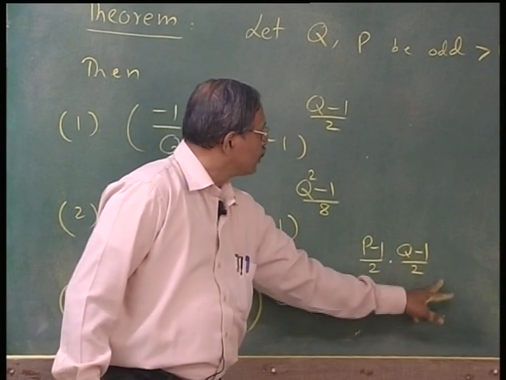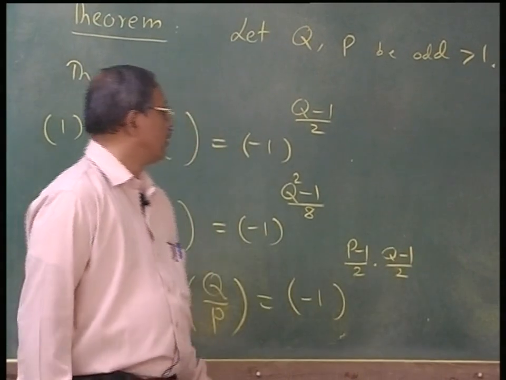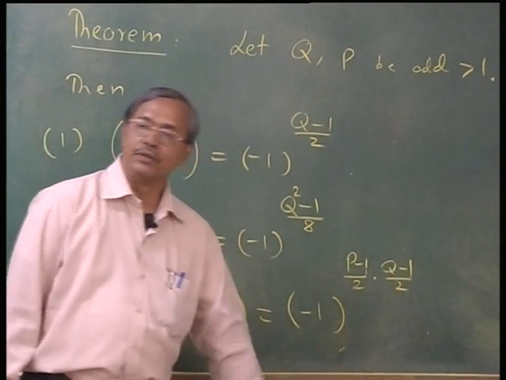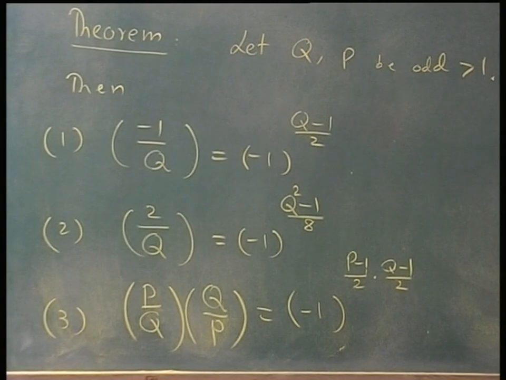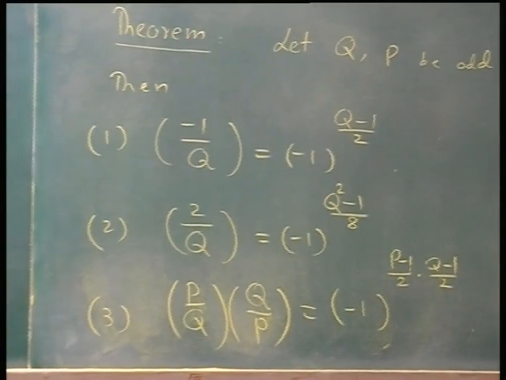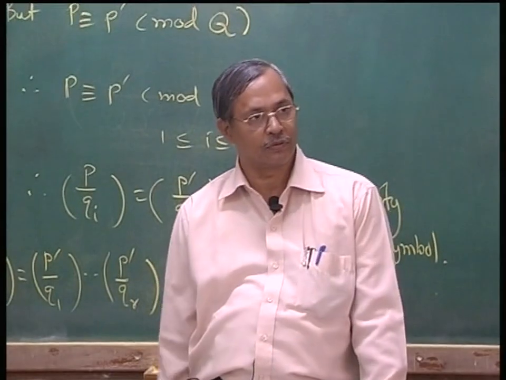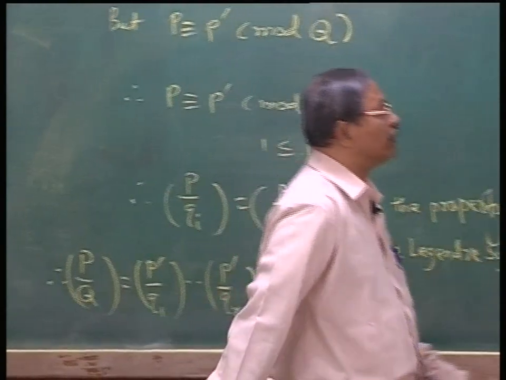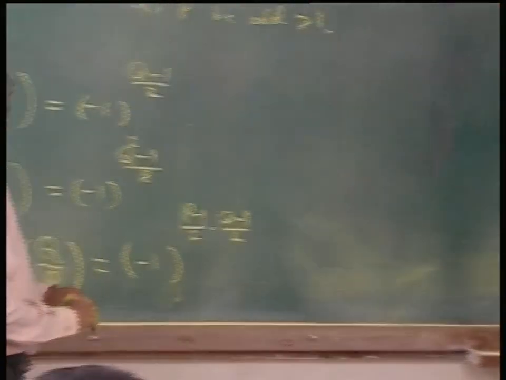Same for Q, so odd into odd is odd, and minus 1 raised to odd is minus 1. So if both P and Q are 3 mod 4, P by Q into Q by P is minus 1. That means P by Q and Q by P are opposite in sign. If one of them is plus 1, the other is minus 1. So that is the conclusion, which is similar to the conclusion for the Legendre symbol.